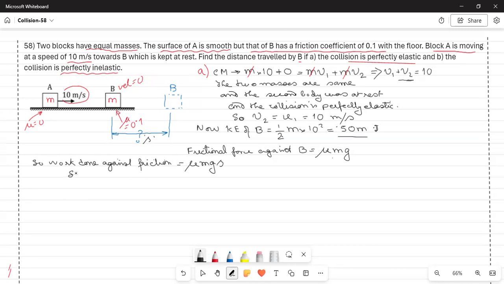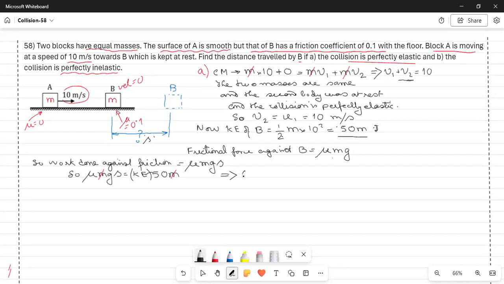So mu mgs is equal to the kinetic energy 50 m, where 50 m is the kinetic energy and mu mgs is the work done. From here, m gets cancelled on both sides. We get mu g s equal to 50.